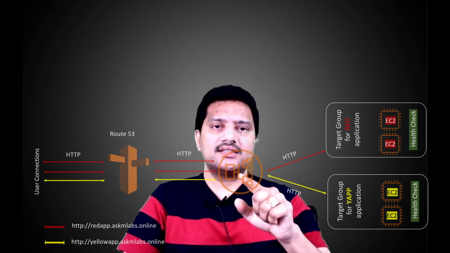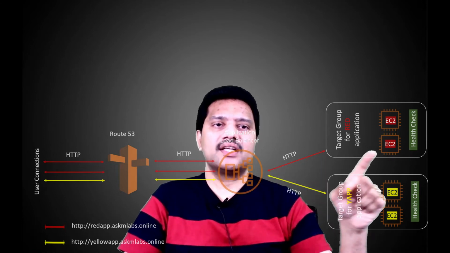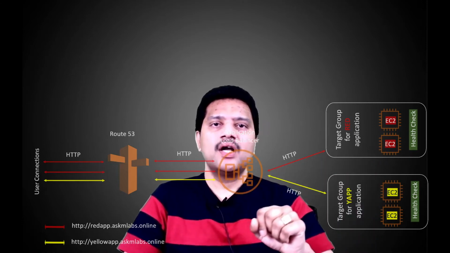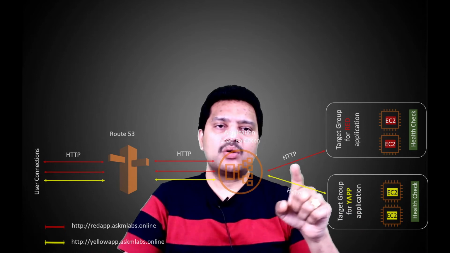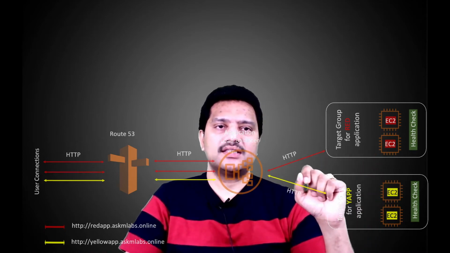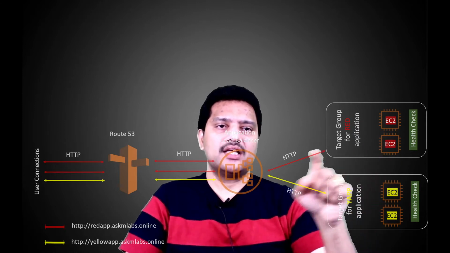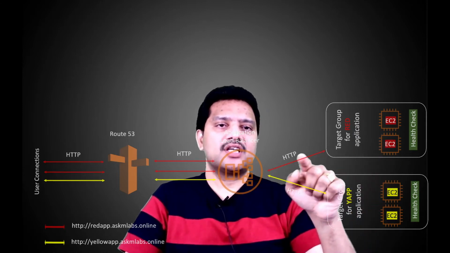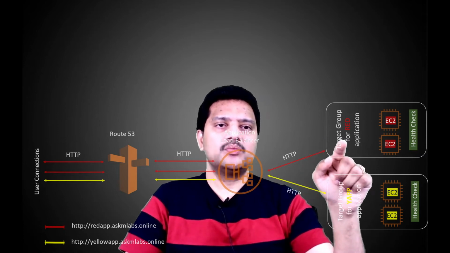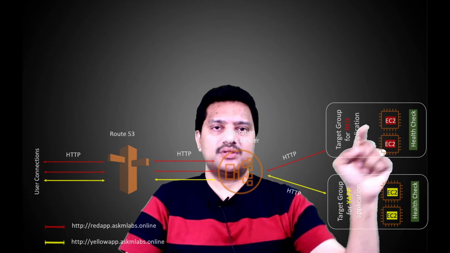Now, what does the application load balancer do? It knows that a particular instance has become unhealthy and it will not route the client request to that EC2 instance. Let us say this particular EC2 instance becomes unhealthy, the client requests coming to this target group will go only to the healthy EC2 instance.